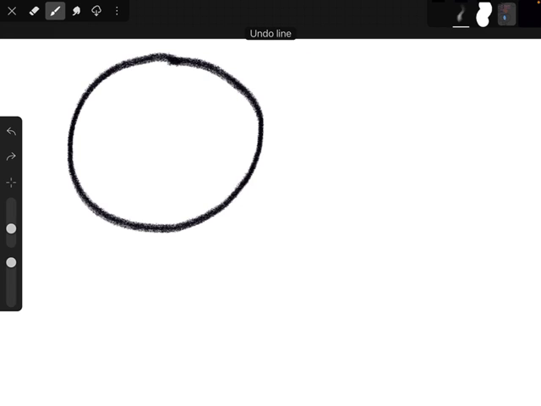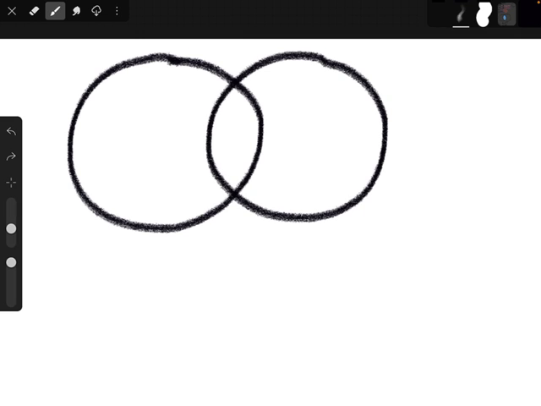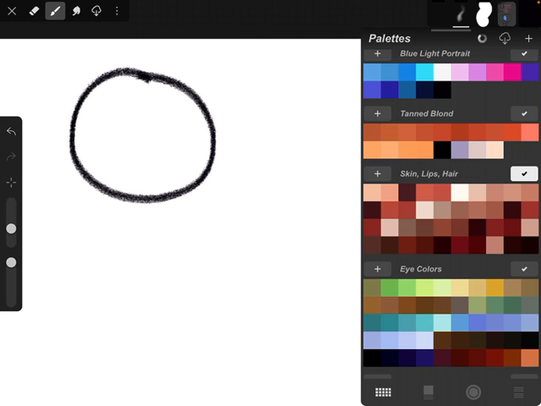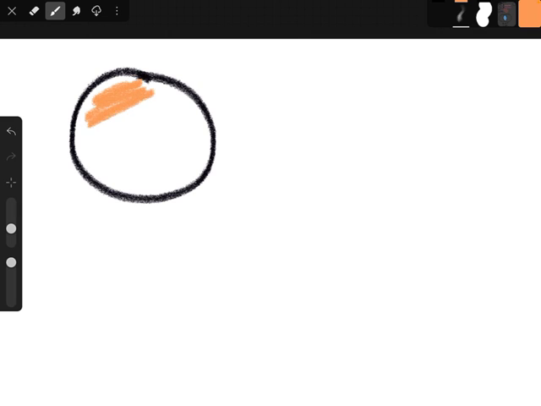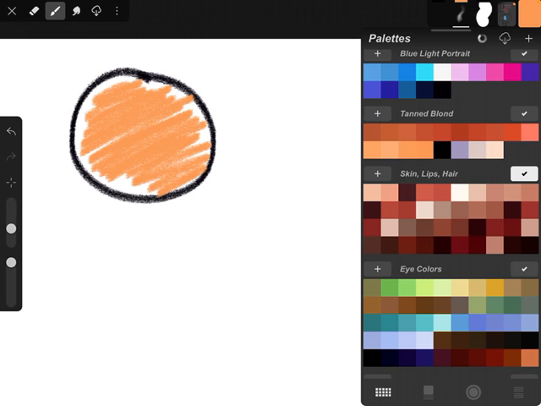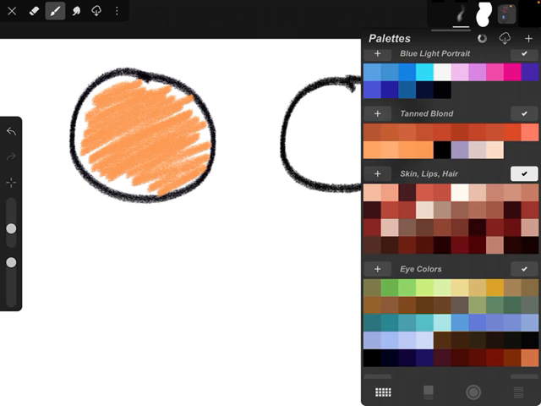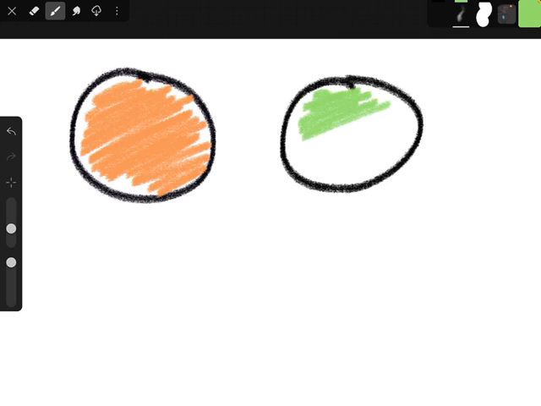Wait, hold up. Before I get ahead of myself, let's just color code this. Let's say this circle is a yellow circle, right? Or a brown circle, mustard, whatever this color is. And this circle is, I don't know, what do you want the circle to be? Green? All right. Yeah, this circle's a green circle.